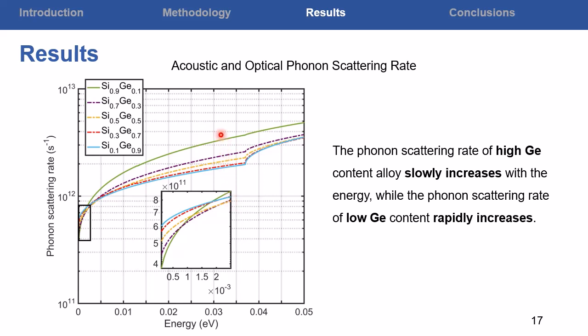However, looking at the energy of interest at 300 Kelvin and at low electrical field, the silicon germanium alloy that has the highest germanium content has the lowest phonon scattering rate.